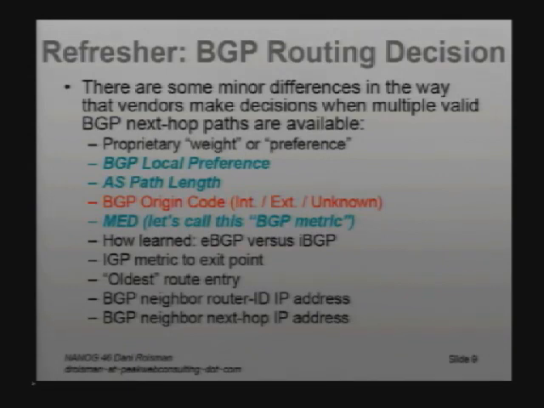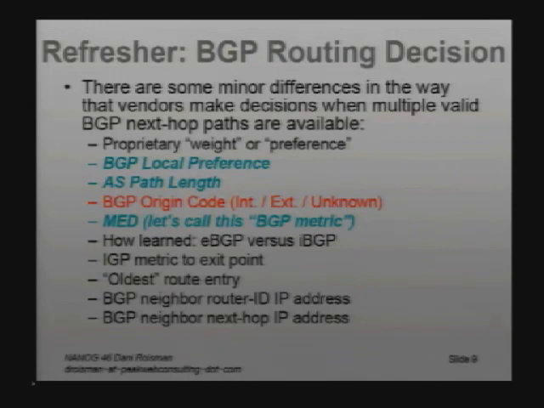So typically for a prefix, a router might compare weight between multiple options, BGP local pref, AS path length, an origin code, a MED, which I'm going to call the BGP metric, how the route was learned, was it eBGP versus iBGP, the IGP metric to the endpoint, do I have to cross the country before I hit that ISP, or is it in the same city as I am?